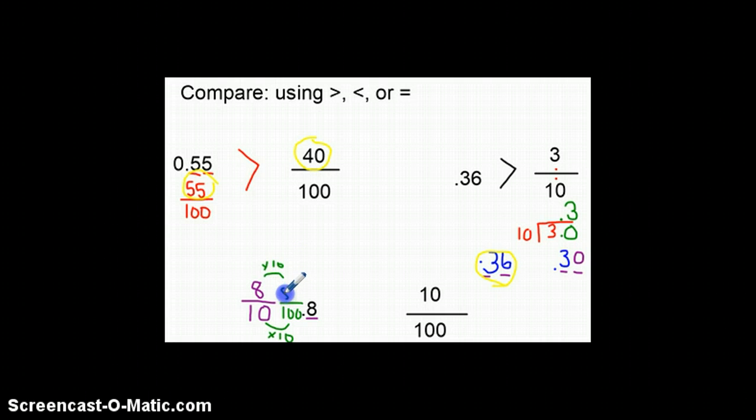And this is 80 over 100. Now our denominators are the same, 100 here and 100 here. Now we could look at our numerators. We're comparing 80 and we're comparing 10. Which one's larger? The 80. So our inequality symbol that we're going to use again, is the greater, because 0.8 is greater than 10 over 100.